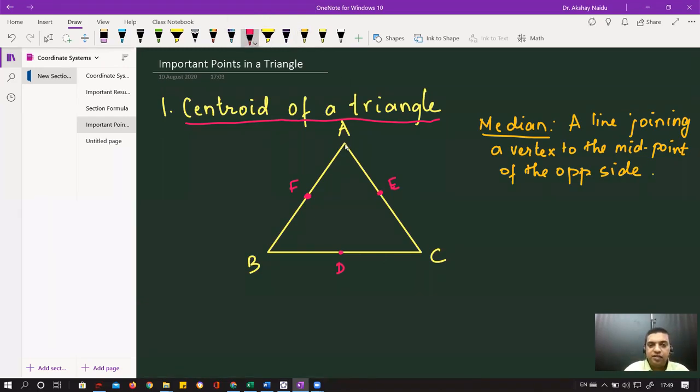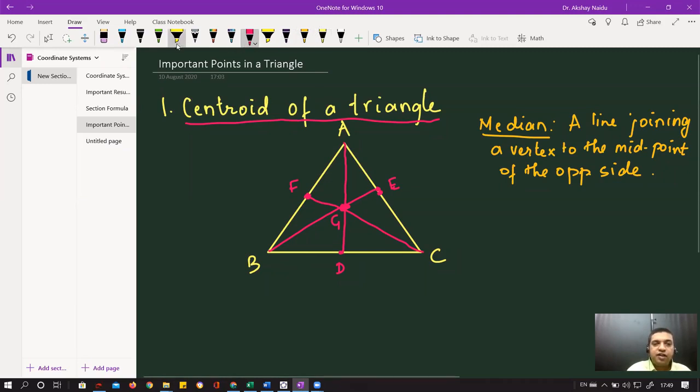So let us see. I join AD, I join BE, and I join CF. This point will be the centroid G, centroid of a triangle.